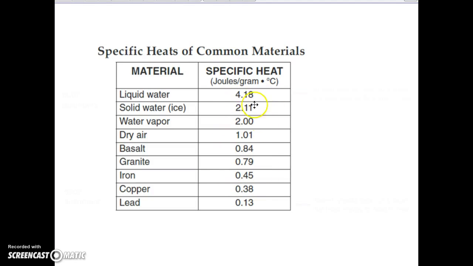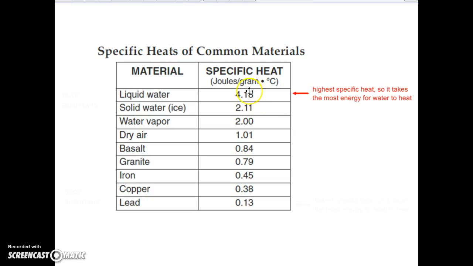This tells you how many joules of energy are needed to raise 1 gram of the material 1 degree Celsius warmer. So when we look at the chart, we notice that liquid water has the highest specific heat. Liquid water needs 4.18 joules of energy to make 1 gram of water go up by 1 degree Celsius. That's a lot of energy.